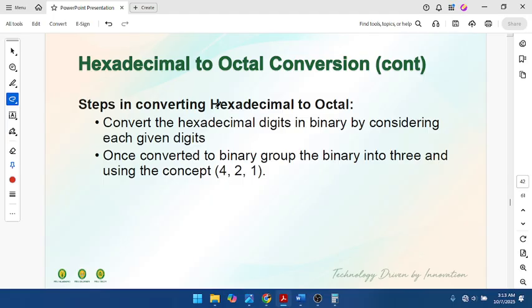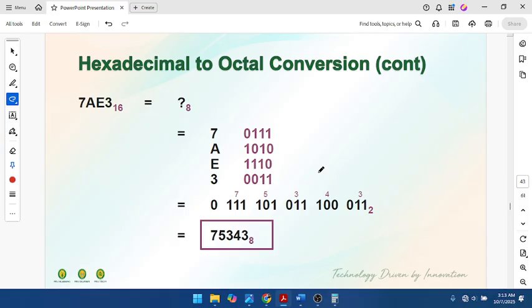Steps: first, convert the hexadecimal digits to binary by considering each given digit. Once it is converted into binary, group the binary into 3, and use 4, 2, 1. For example, 7AE3.